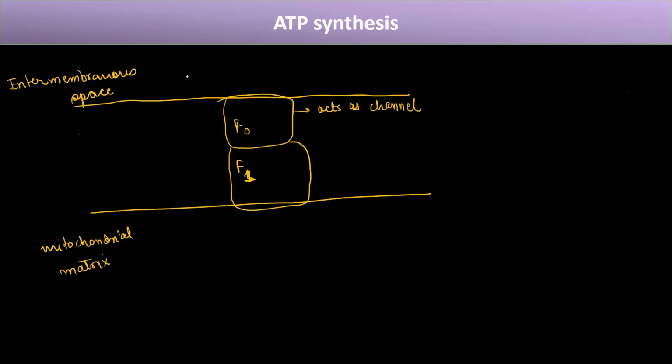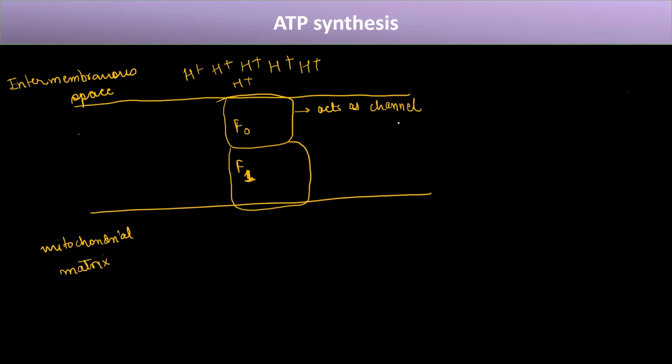So now we have accumulation of hydrogen ions here. Hydrogen ion is accumulated here by virtue of the electron transportation taking place across the electron transport system from NADH and FADH2, and that leads to the pumping of hydrogen ion to this space.